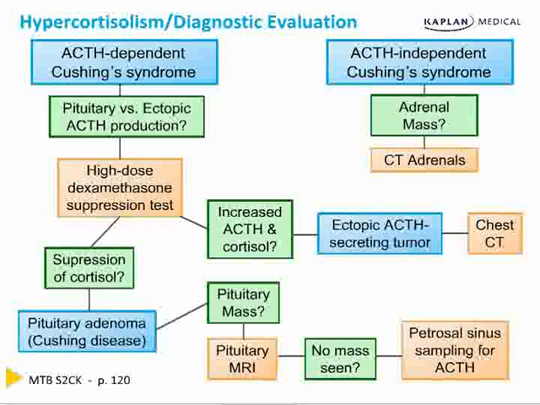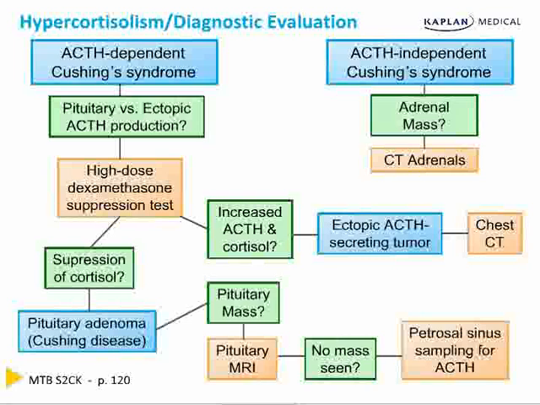Now, this is the most complicated version of all of the endocrine lesions, and therefore you should expect to have to go through this a couple of times. The bottom line, literally the bottom line in this algorithm, is this. If you have hypercortisolism, do an ACTH level. If the ACTH level is high, you should try and suppress it with high-dose dexamethasone. Ectopic foci and cancers simply won't suppress.